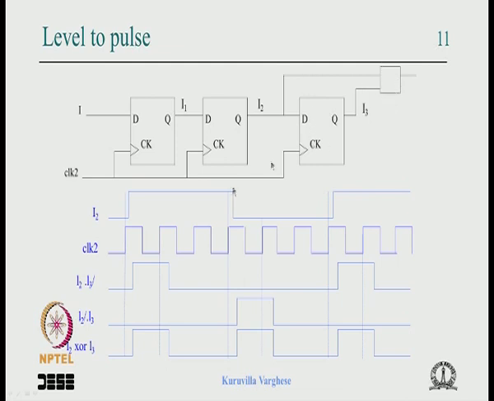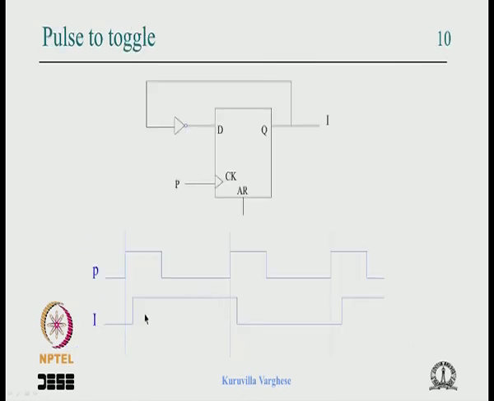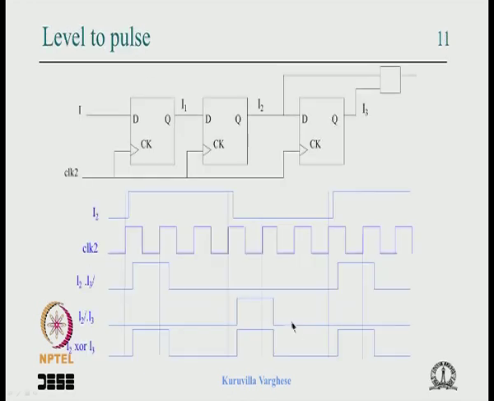If you do I2 I3 bar, you get a pulse here; the opposite, I3 I2 bar, gives a pulse at the negative edge, and we want pulses at both edges. In the last class I did not stress it: here there is 1 pulse, then it goes high, and when the next pulse comes it goes low. So at the receiving end we need a pulse here and a pulse there, of the width of the state machine clock, and that is what we have done.